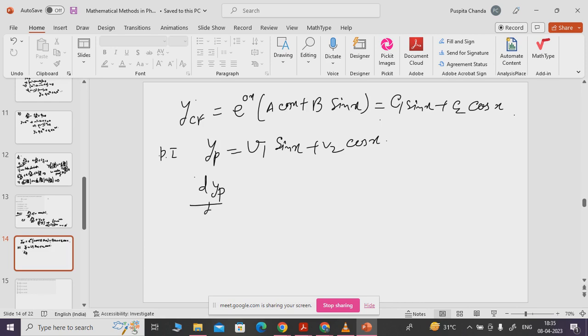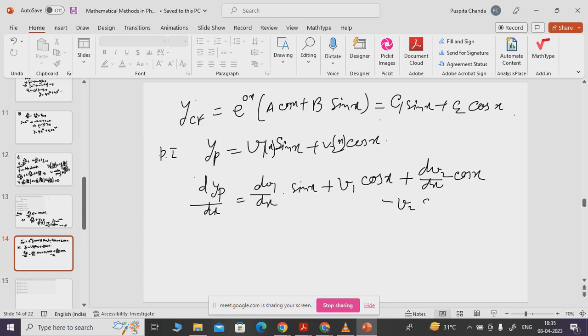For that we need dyp dx, where v1 and v2 can also be functions of x. So dyp dx is dv1 by dx times sin x plus v1 times the derivative of sin x, which is cos x, plus dv2 by dx cos x minus v2 sin x.